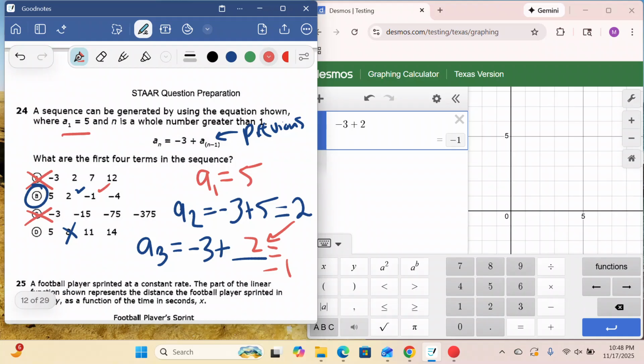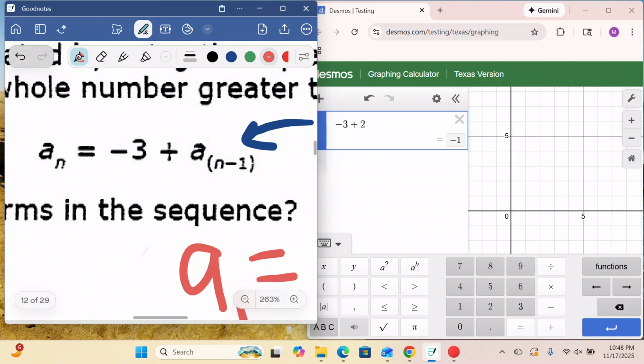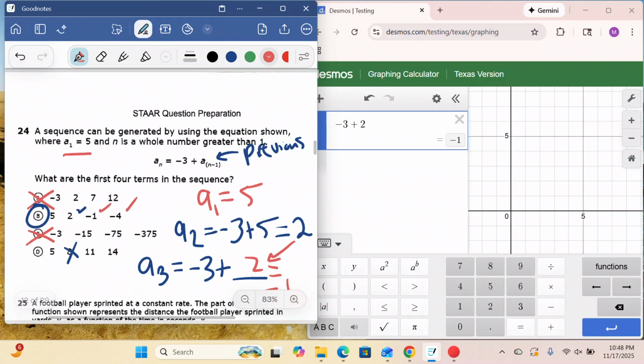And then my fourth term, all I would do is negative 3 plus negative 1, which gives me negative 4, which is my last and final term. You always want to think of this as the previous term, the previous answer, a sub n minus 1. And let Desmos do the work for us.